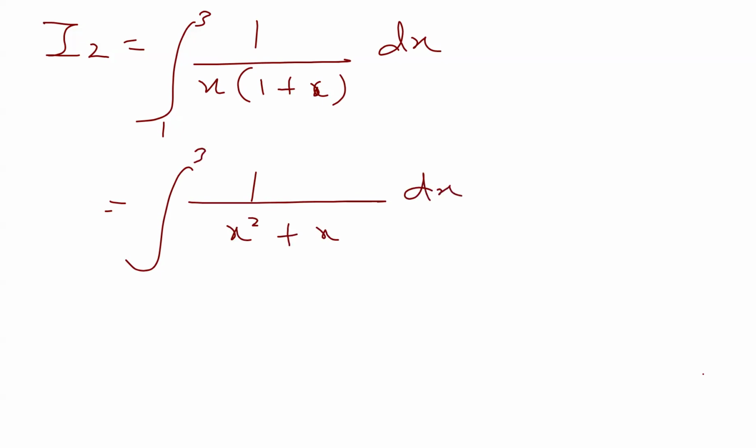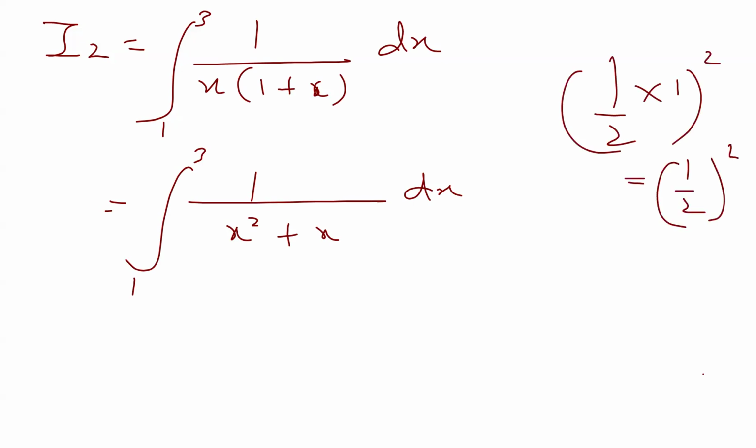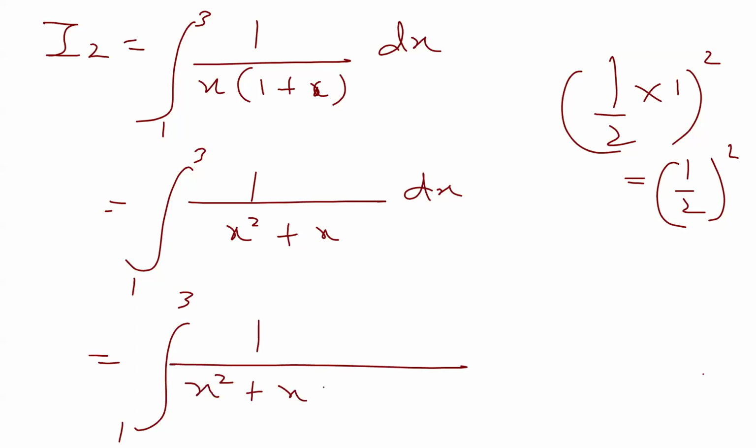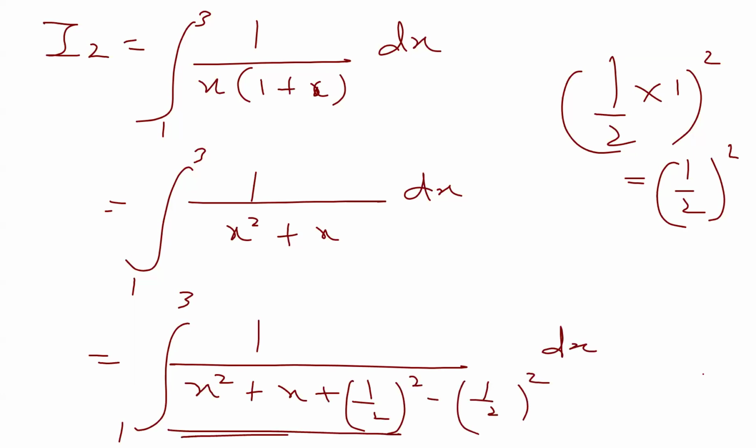This is quadratic, I'll just complete the squares. Half into coefficient of x. Coefficient of x is 1, so half square. First three terms, last two terms. This is I2.